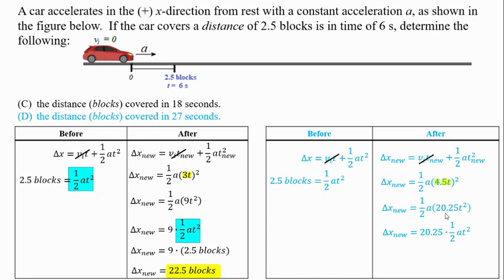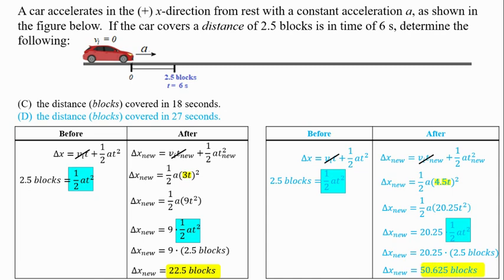So 20.25 times 1/2 AT squared. The 1/2 AT squared again represents your reference point, your baseline, which in this case is 2.5 blocks. Okay, and then from here we can just replace the 1/2 AT squared with 2.5 blocks. Therefore, 20.25 times 2.5 blocks is going to give us 50.625 blocks. So that's the answer to D.